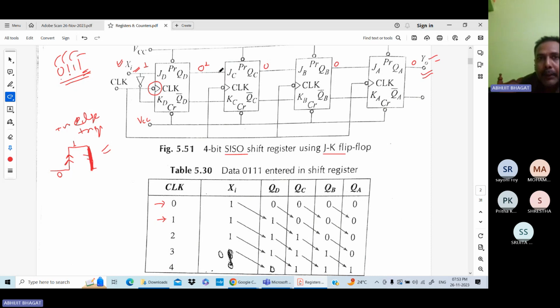Previously here it was 0, so this 0 is transferred to QC, and this 0 is transferred to the next point, and this 0 to the next. So after the first clock pulse, all the bits are shifted by 1 bit. After the first clock pulse, you get QD 1, QC 0, QB 0, QA 0.